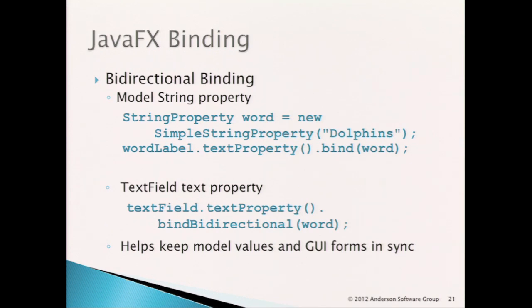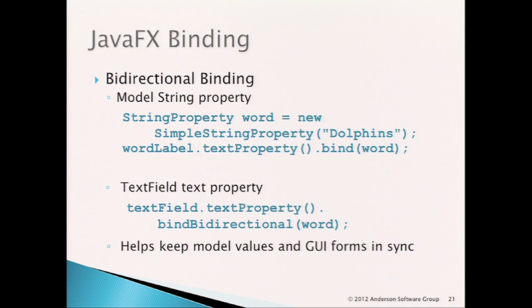That's what this says. But because the word updated, then this binder kicks in, and that will change the label as well. So you have two things going on here, all with just this simple code, where the labels are being updated as the text field is being changed.